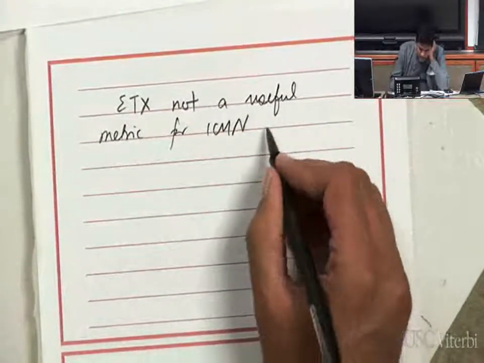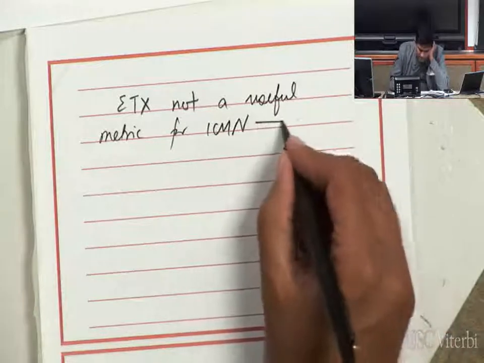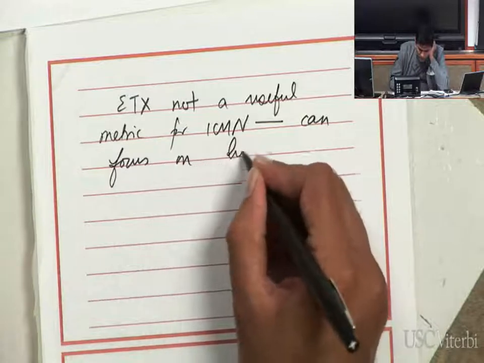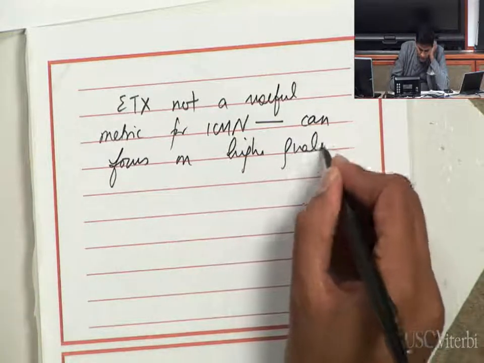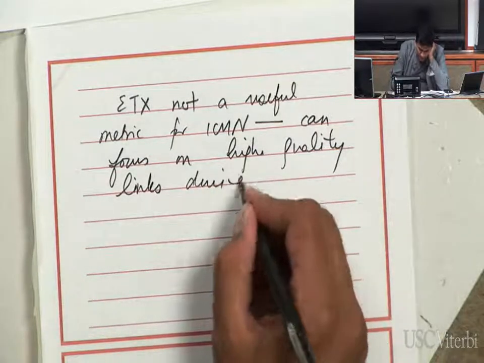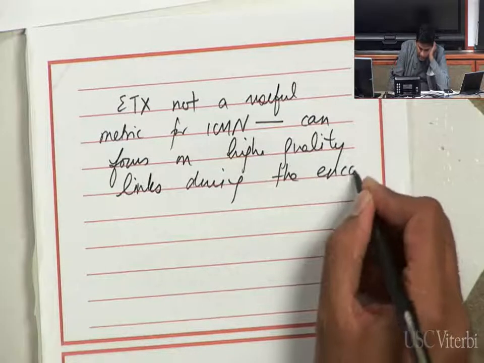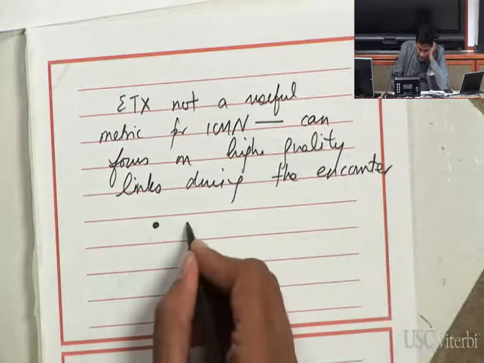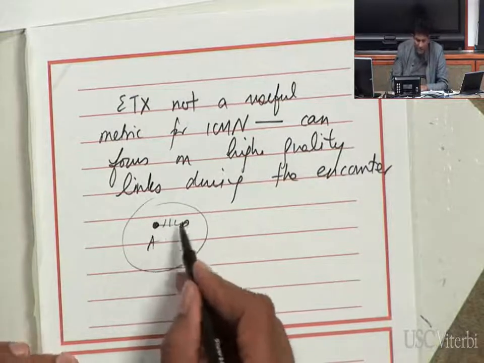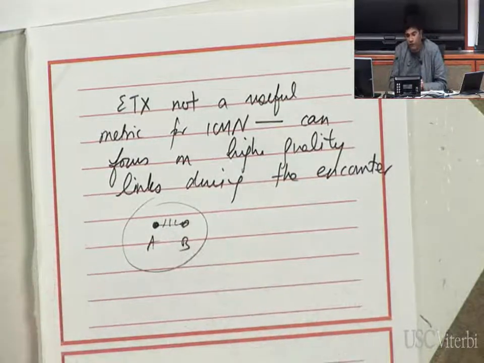For one reason, that we really only can focus on, for example, high quality links during the encounter. So we really only care about encounters between pairs of nodes. We say, here's node A, node B, they're within range of each other, and I can define that range however I want. I can define that range to be for all the times that they're physically so close to each other that they're in the connected regime, for example, so there's no impact of fading on the quality of the link.